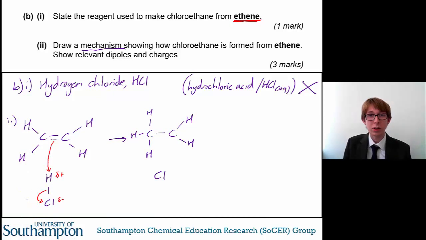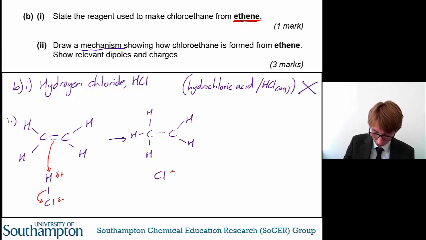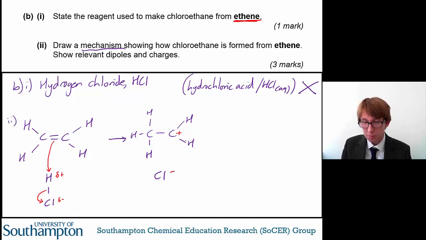So we need to include all relevant dipoles and charges. Because you've had a pair of electrons move onto this chlorine, it's now a chloride ion. Okay, so that's now got a negative charge. And this carbon here has a positive charge because it's now only bonded to 3 different atoms and it's lost that pair of electrons in the pi bond. Yeah?